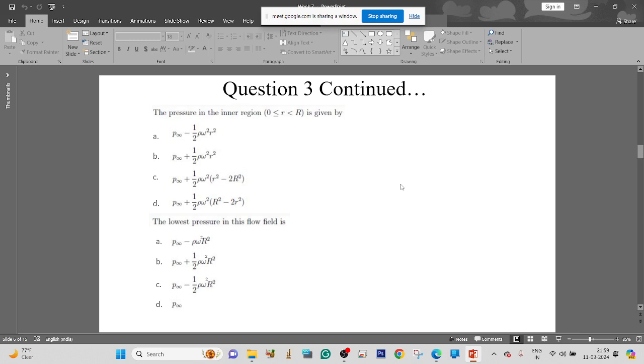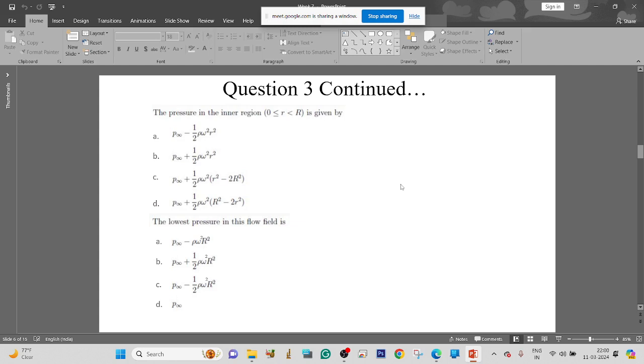This is del p by del r equals rho v theta square upon r, there is no minus, right? No, minus del p by del r is equal to rho v theta square by r. In the top part you wrote the same thing, ma'am. Yes, I wrote the same thing, I have not taken minus. Check. Okay, okay, it is integration. Okay, sorry.